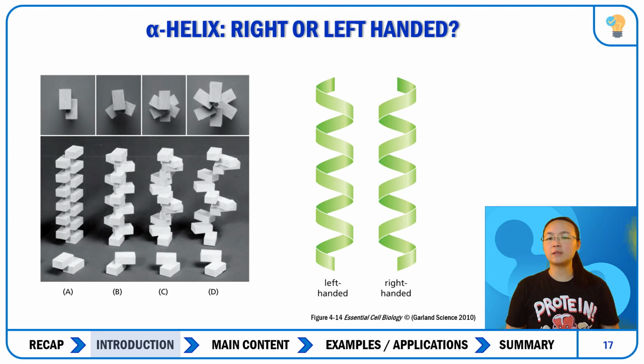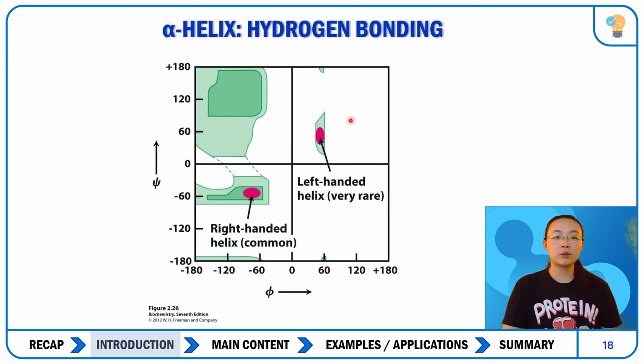Now, the next thing to mention is that a helix can be left-handed or right-handed. So how do we know which one's more common? Maybe now it's time to take a look at the most probable bond angles, and we can do that through a Ramachandran plot. So this Ramachandran plot should probably be very familiar to you. It's the same one that we've been using the whole time.